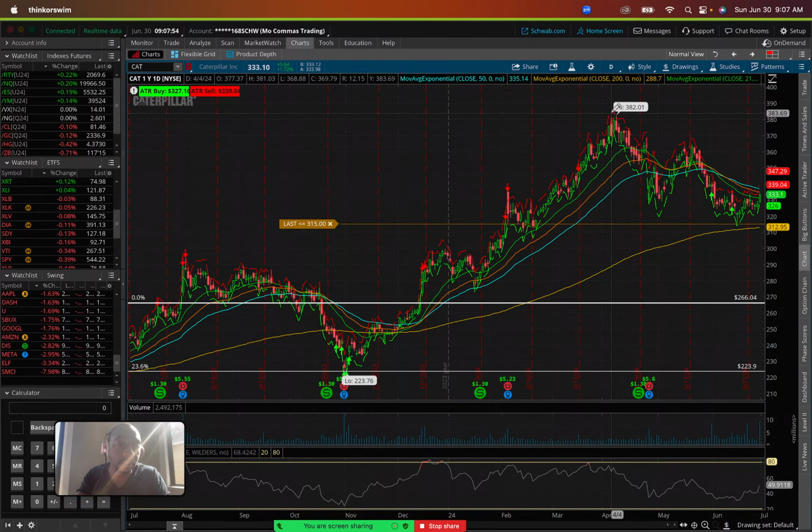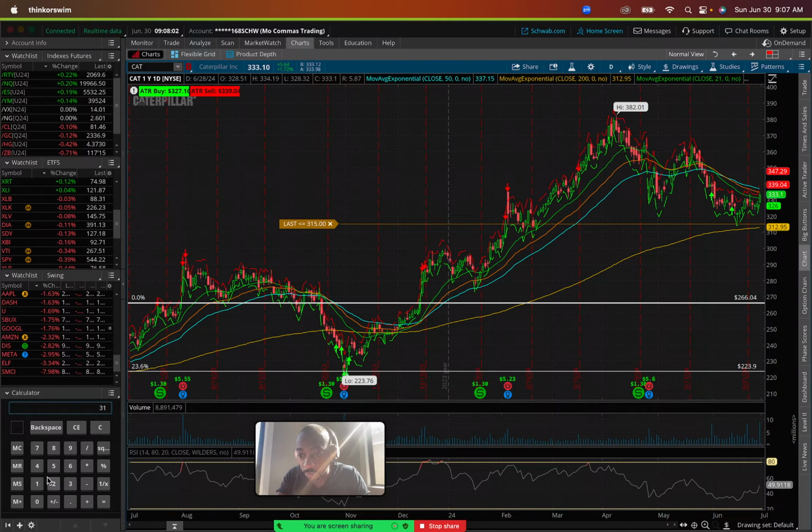So the high right here was 382. And let's say I wanted in at 315. So let's go 315 divided by 382. It's almost 20% down from this high. Once again, that's a really good correction on a stock where if something drops 20%, most people who wanted to sell will have sold by then.